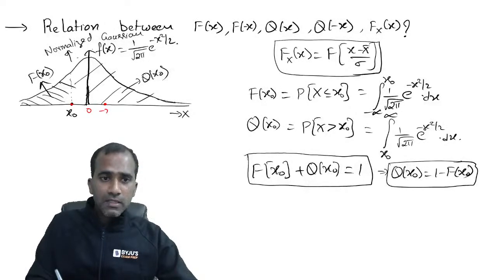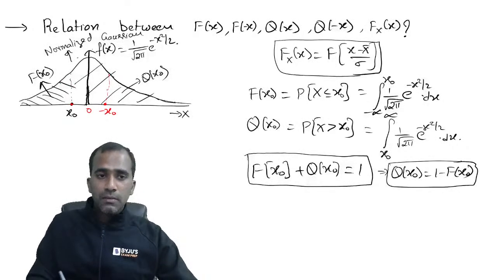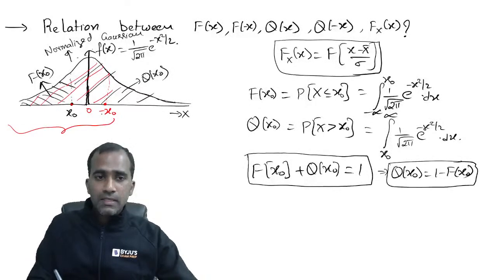I have assumed that x0 is some negative value, so minus x0 is some positive value, right? So F of minus x0 means this total area, the red one, the area till this point.